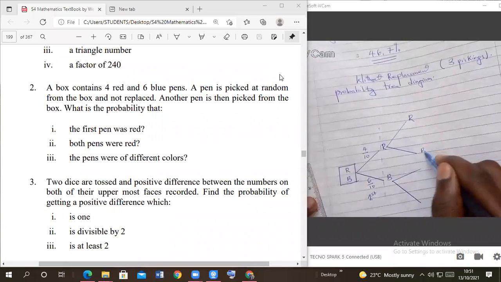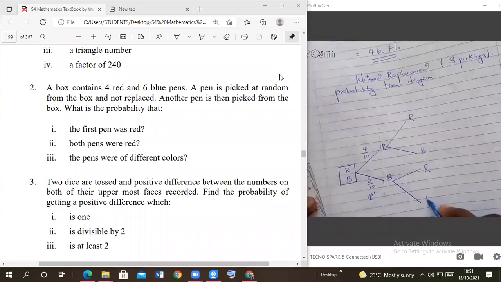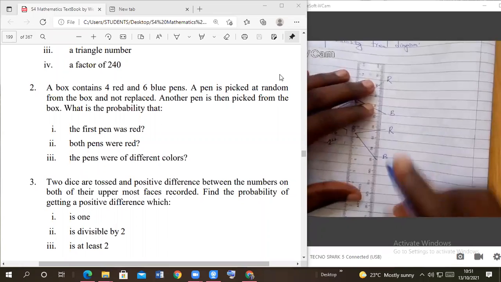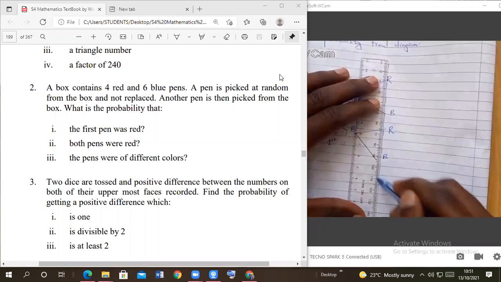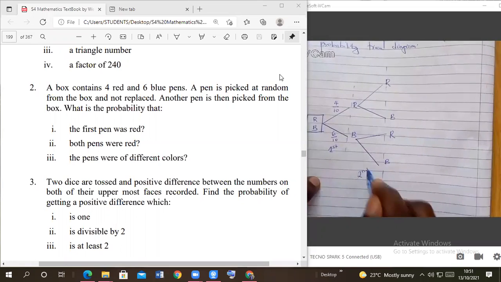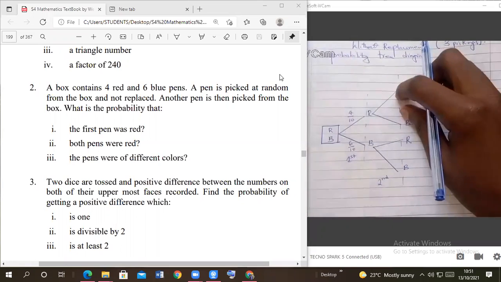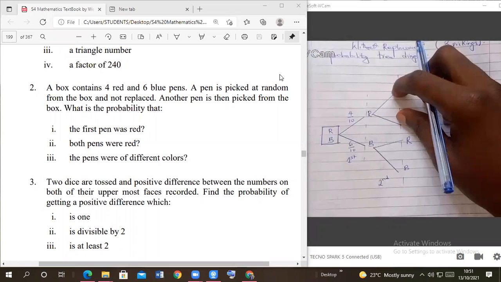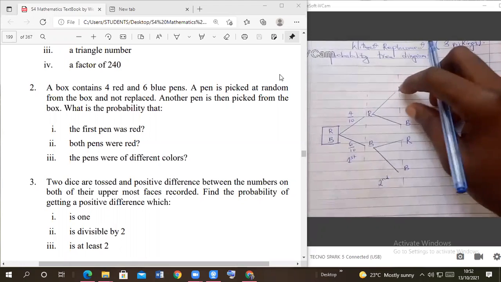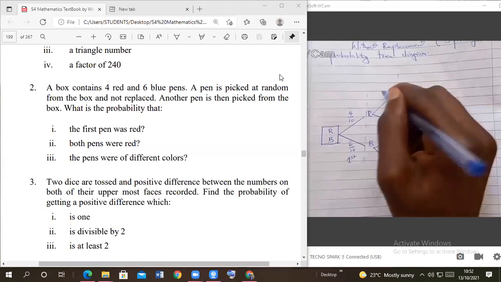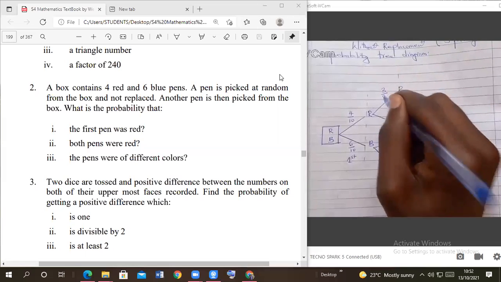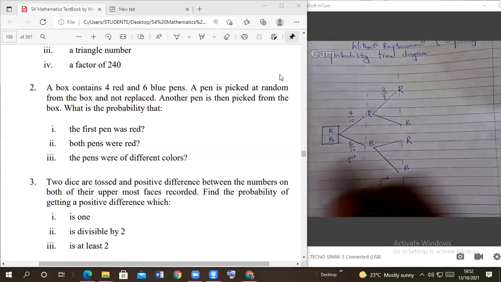Red, blue. We assume, not so? This is our second picking. So in the second picking, in the first branch, we assume that we have picked red, which means red will reduce to 3 out of 9.